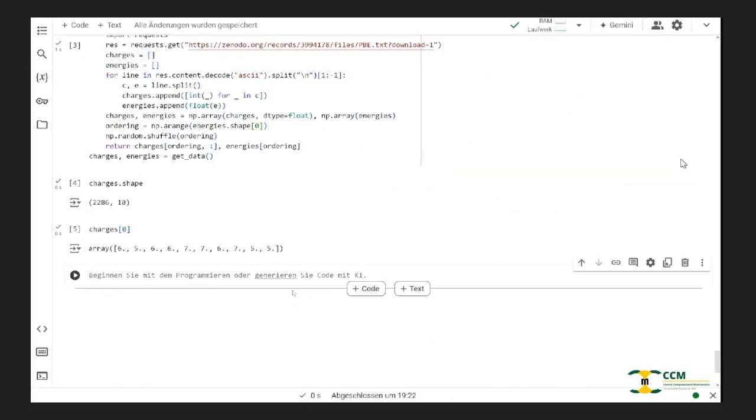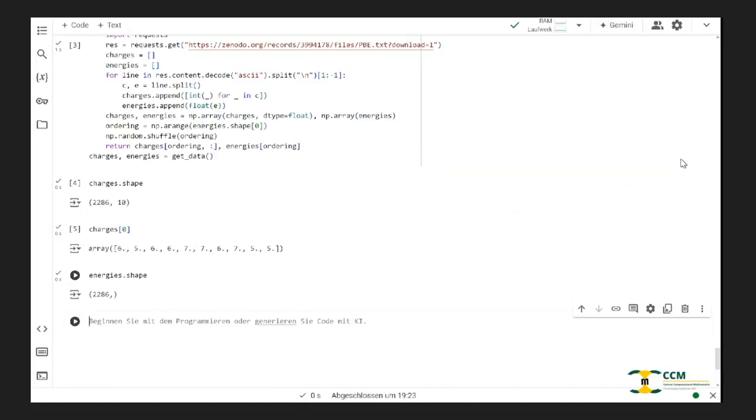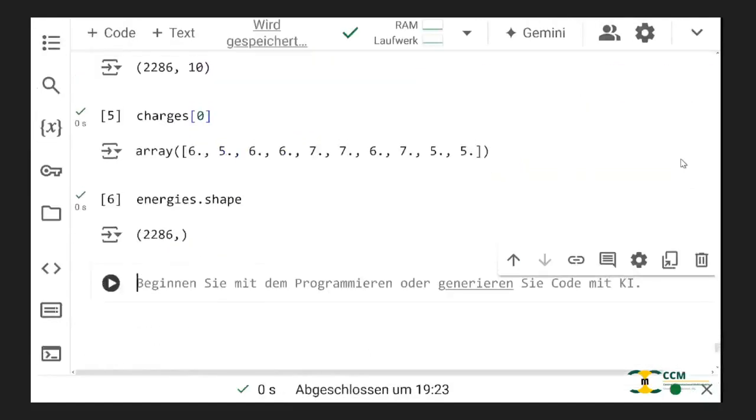Then energies, the second thing that get data returns, is the 1D array of 2,286 entries.